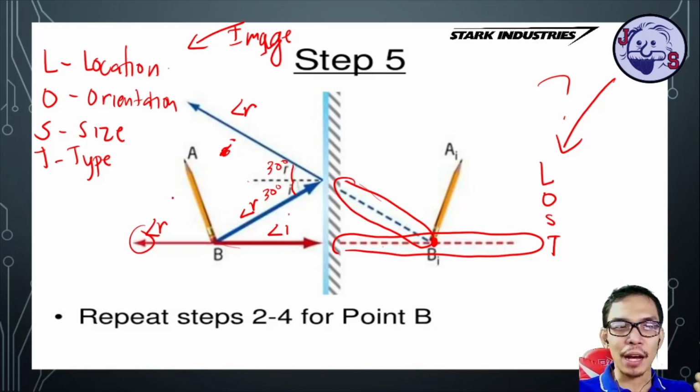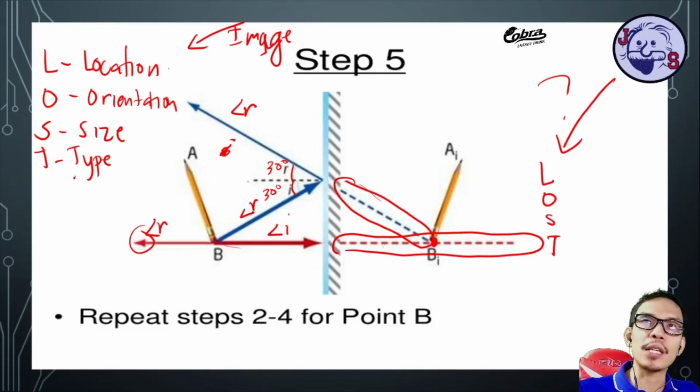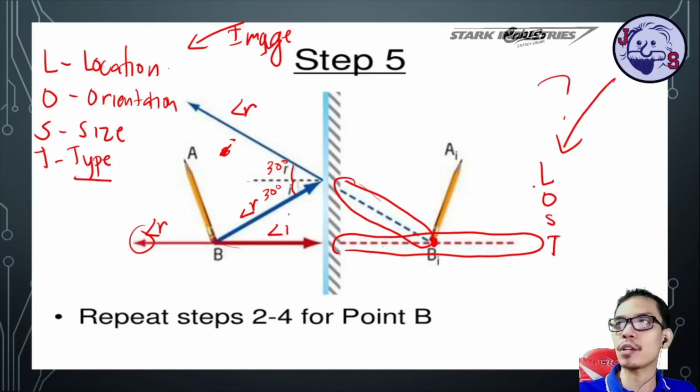Again, if you watch the previous video lesson that we had about reflection and refraction, a virtual image is always upright, and a real image is always upside down. So that is the type of image. Now let's analyze the location of the image.